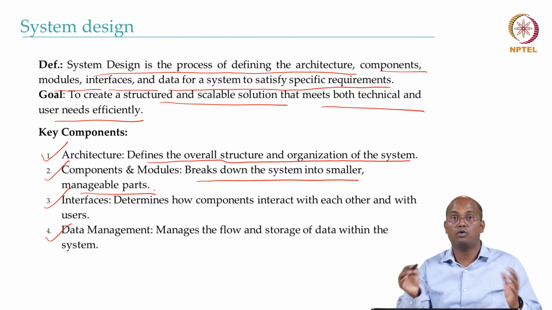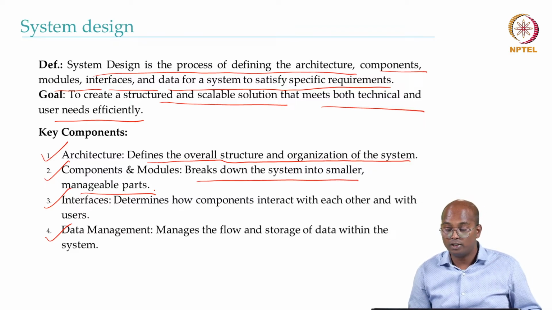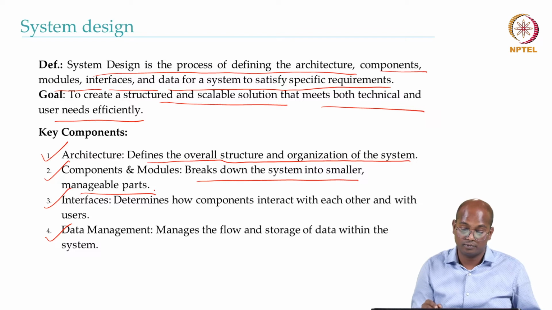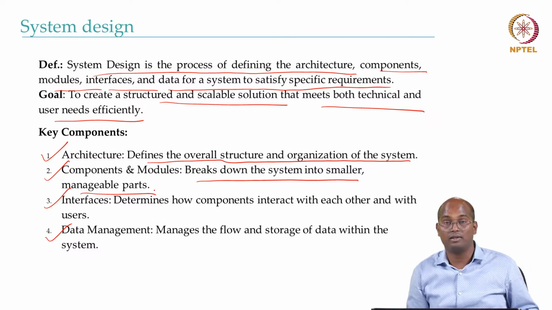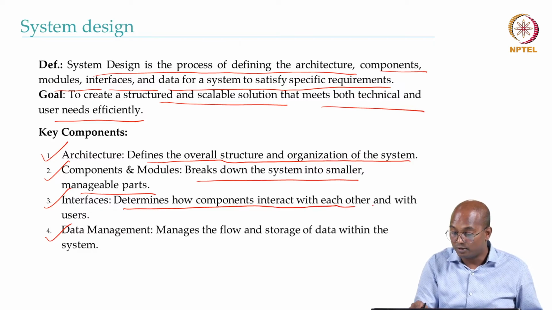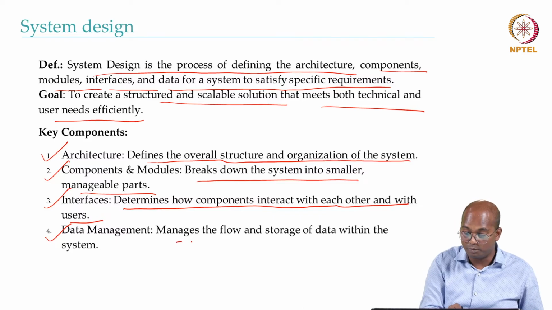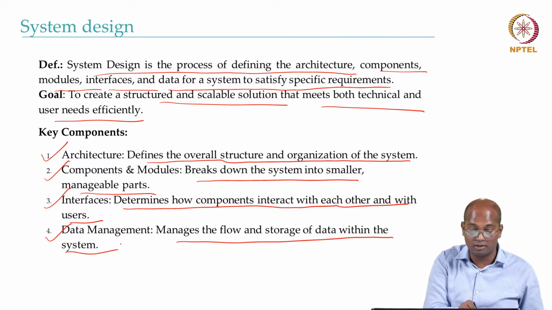But you can't solve all at the same time. You have to break this into smaller components so that you can handle, for example, just the payment part at a time. Interfaces determine how components interact with each other and with users. And data management manages the flow and the storage of data within the system.